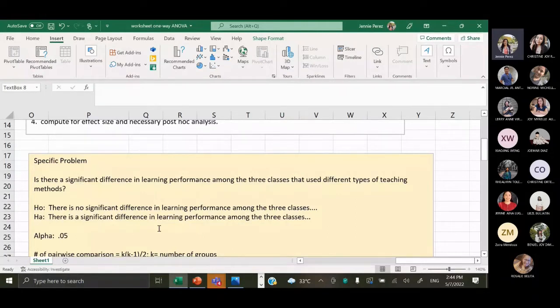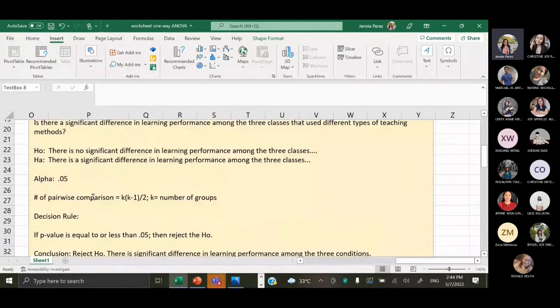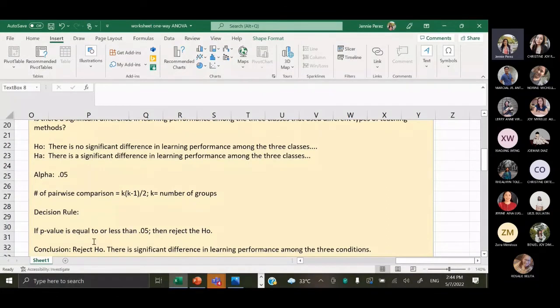And your alternative hypothesis would say there is a significant difference in learning performance among the three classes. You set your alpha at 0.05. And your decision rule would be: if the p-value is equal to or less than 0.05, then we reject the H0 and accept the HA.